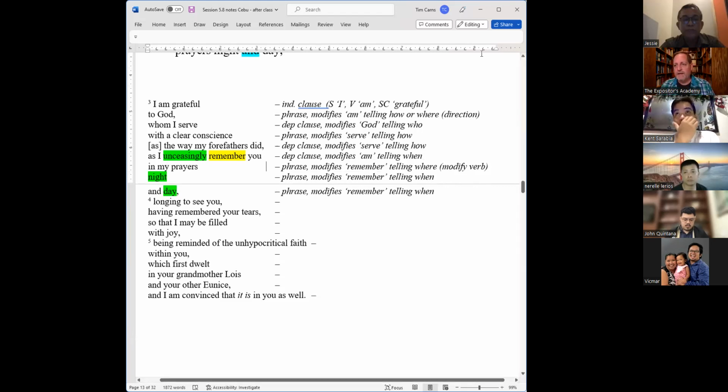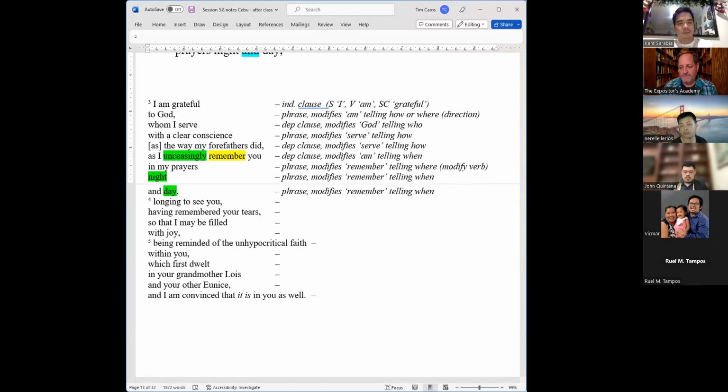Now, night and day, that's also something else we learned about in poetry, didn't we? Is he literally saying that he's praying night and day? What's that term? Do you remember? Metaphor? Not a metaphor. It does start with an M though. Metonymy?